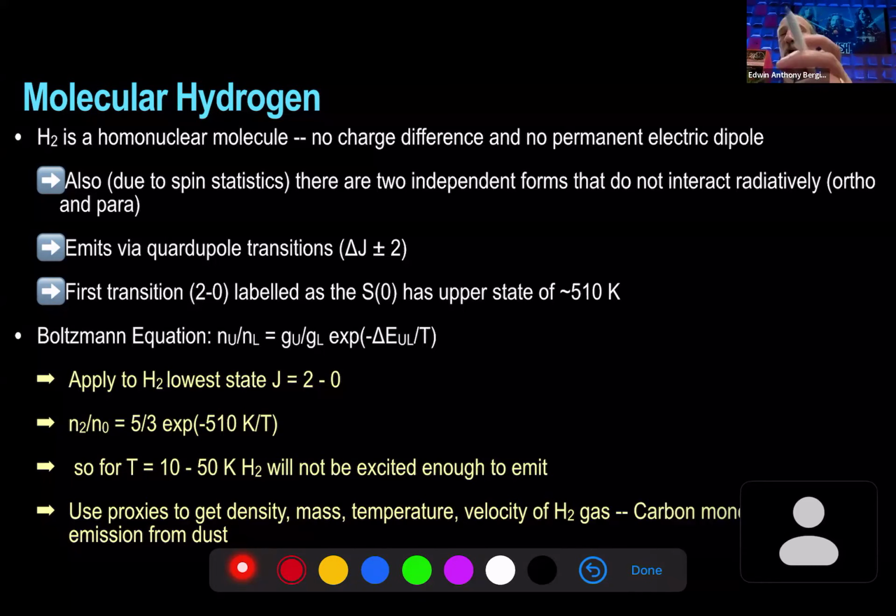If I take my Boltzmann equation, remember that I showed you earlier, where the upper state over lower state, so the upper state is 2, lower state is 0. This is 510 Kelvin. I know what these are, just numbers, okay? And I stick that in. And I take a temperature of a typical molecular cloud, say 10K, e to the minus 51 is a really small number, all right?